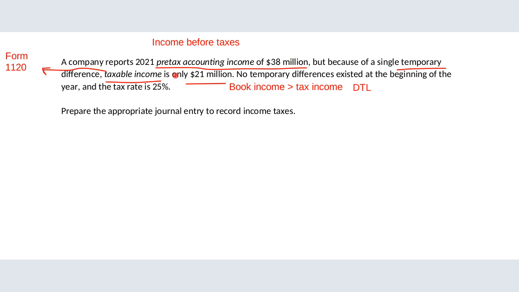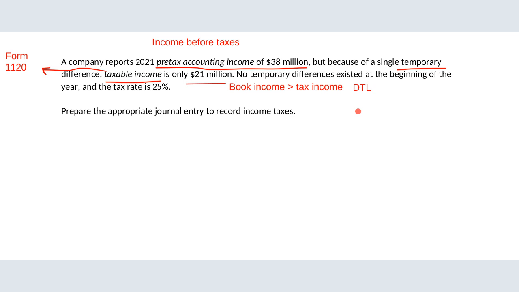But we had a tax deductible item, we weren't told what it is, that reduced our taxable income to 21 million. So we're only paying taxes on 21 million. This difference benefits us. We're paying less taxes in 2021. However, because it benefits us in the current year and we're told it's temporary, it's going to reverse in future years. That means we're going to have to pay more taxes in future years. And future taxable amounts is the definition of deferred tax liability.